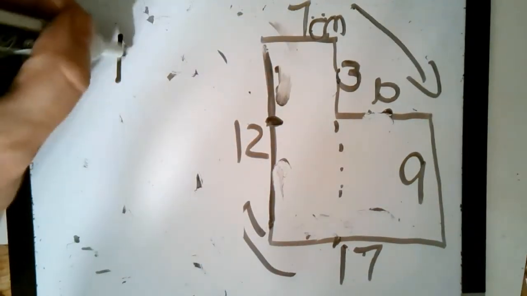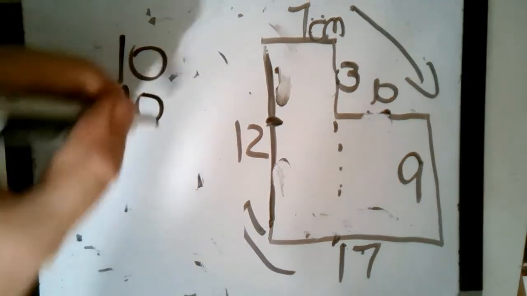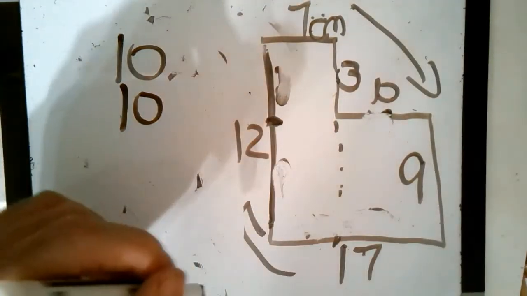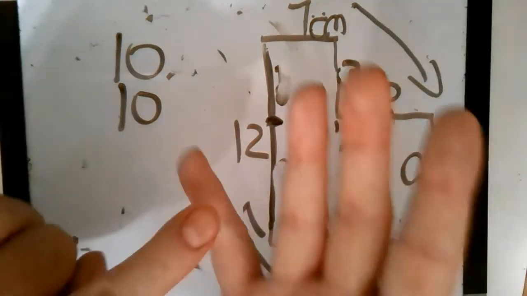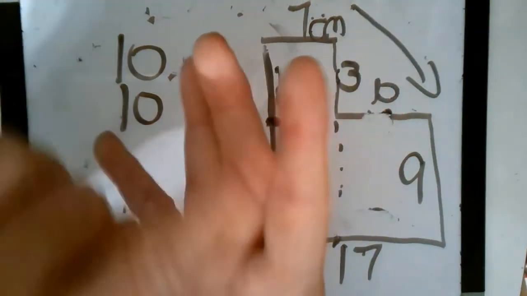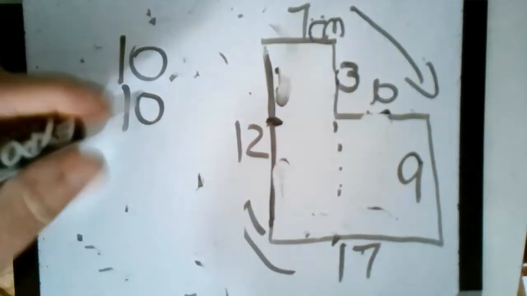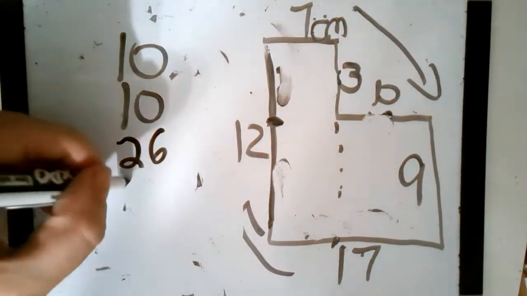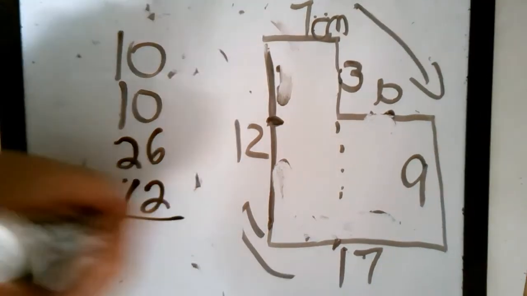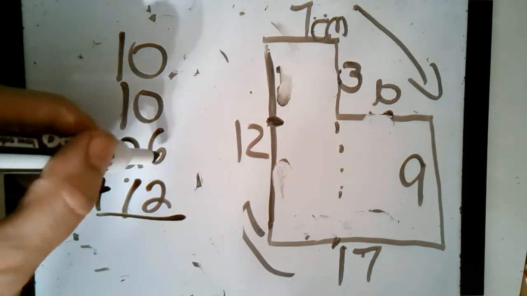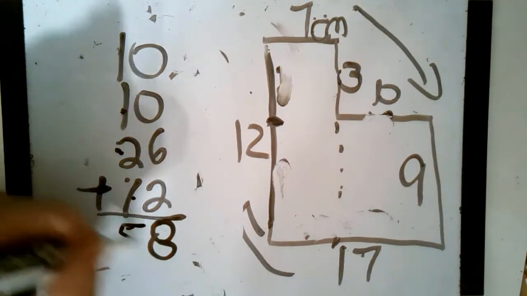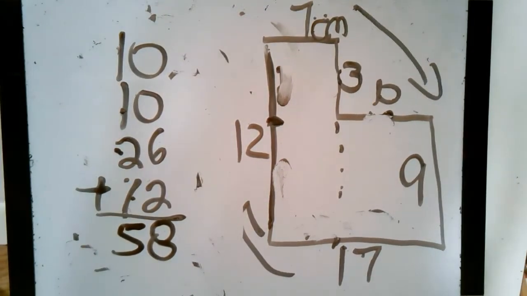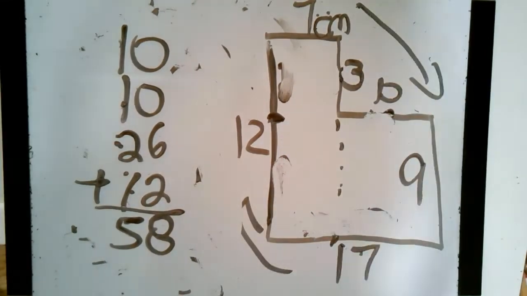I go 7 and 3, 8, 9, 10. 10, that's easy. 9 and 17, I can count those up. 18, 19, 20, 21, 22, 23, 24, 25, 26. 26 and 12. 0, 0, 6 and 2. 6 plus 2 gives me 8. 1, 2, 3, 4, 5. Okay? A way to check your answer is to subtract all the numbers.